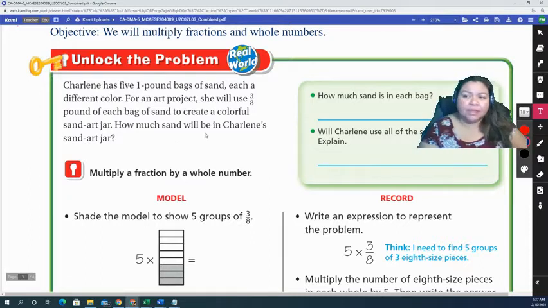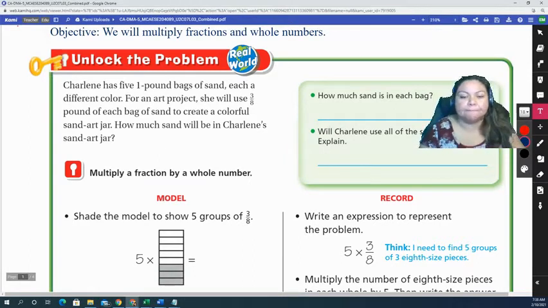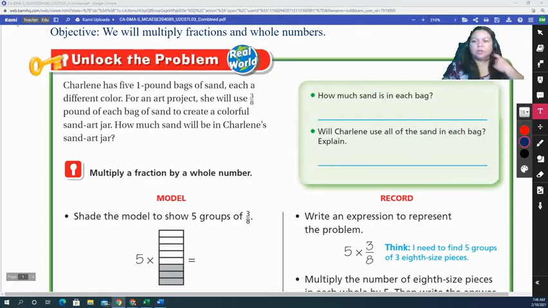I don't know if you've seen a sand art jar, but these are beautiful decorations. You have different layers of different colors, and it just looks beautiful. Okay, so the question here is, how much sand will be in Charlene's sand art jar? I read that backwards.